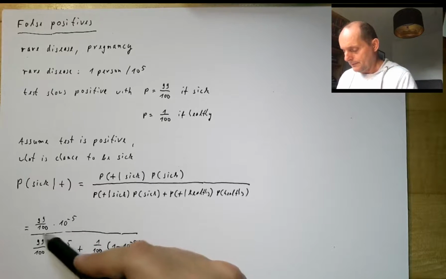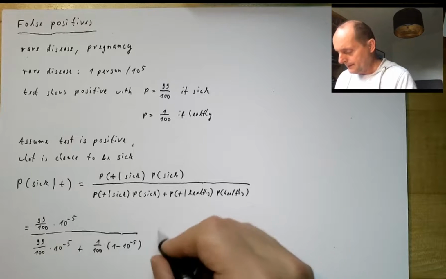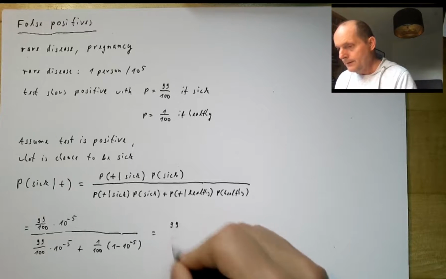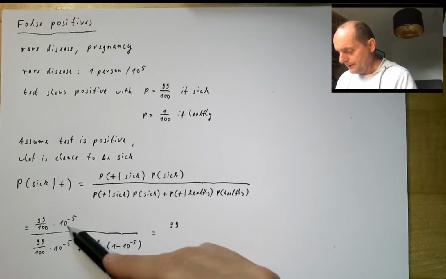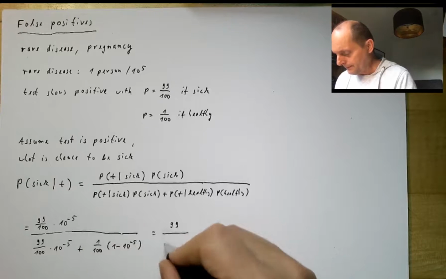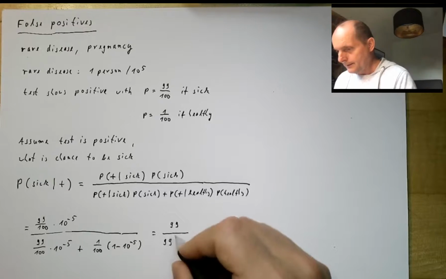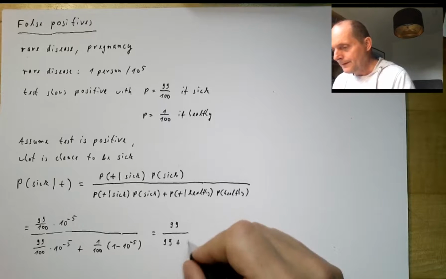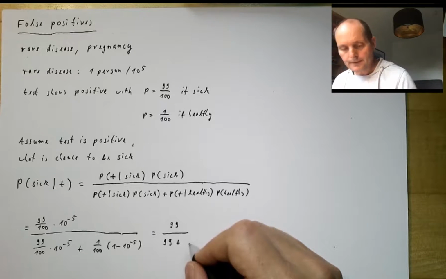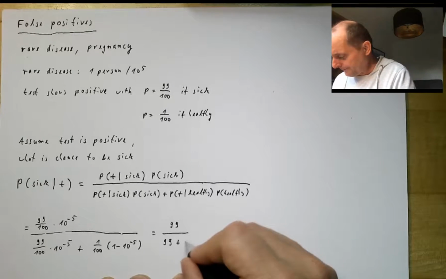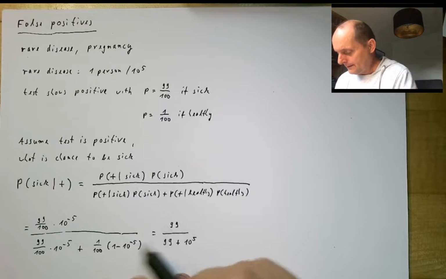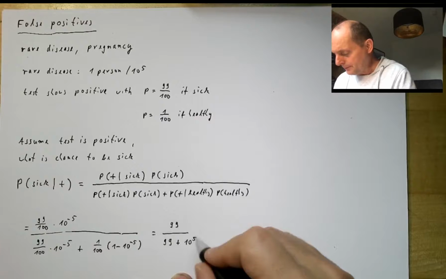And now we can multiply everything by 100, and also by 10 to the power 5, and we have here 99 in the numerator and also 99, then 10 to the 5 in the denominator, and then 1 minus 10 to the minus 5, that's about 1.